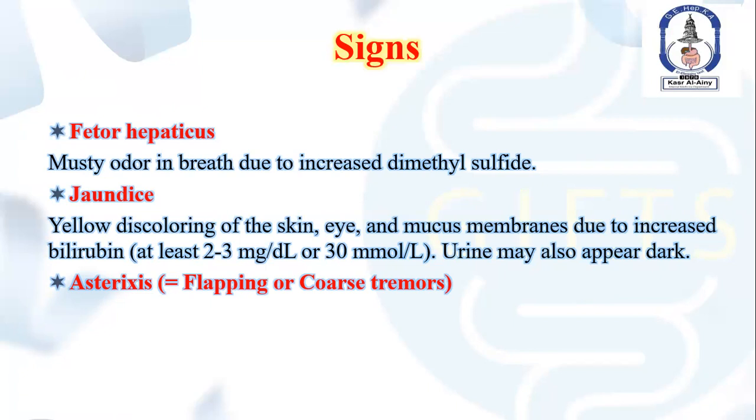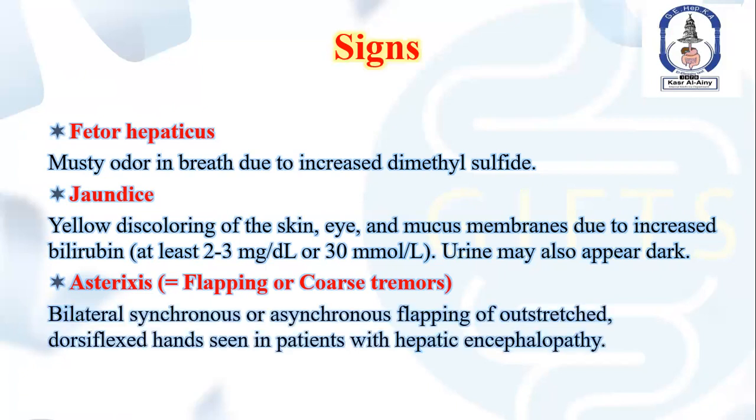Asterixis, which are flapping or coarse tremors, are bilateral, synchronous or asynchronous. That is, they can happen together or they can happen alternately. Flapping of the outstretched dorsiflexed hands. We ask the patient to stretch his arms and flex his hands as if he is pushing a wall or something like that.